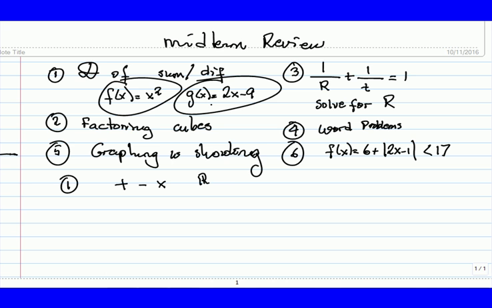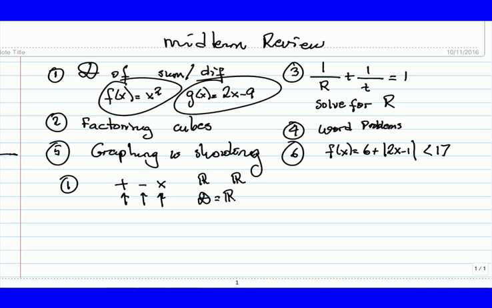And g of x, that's a line, that's also all real numbers. Now, if you add these, where do they overlap? They overlap on all real numbers. There is nothing else. So for addition, subtraction, and multiplication of these two functions, the domain is all real numbers, because that's where they overlap.